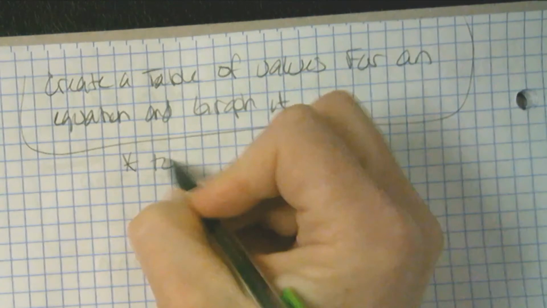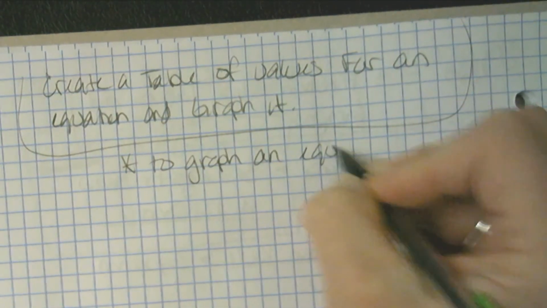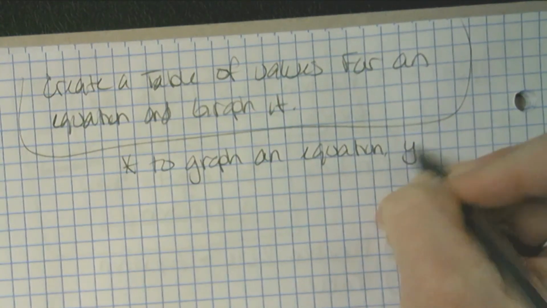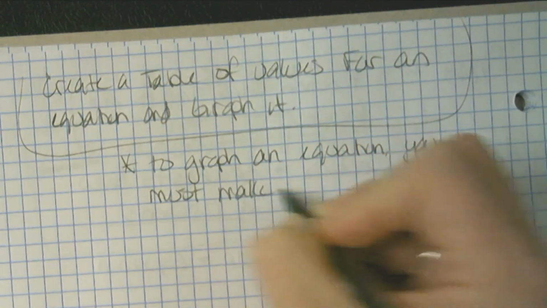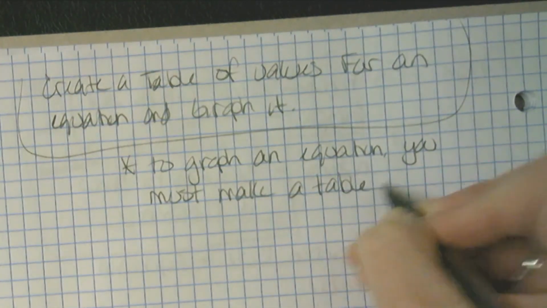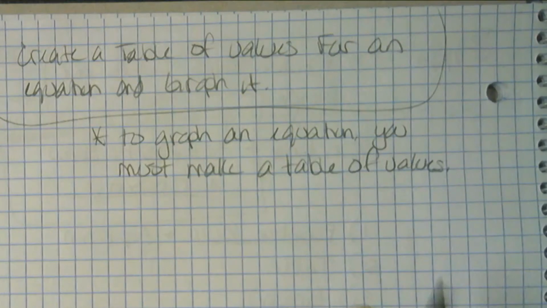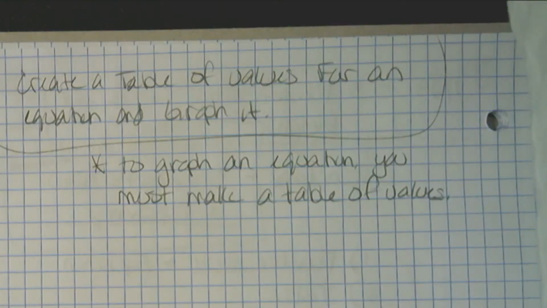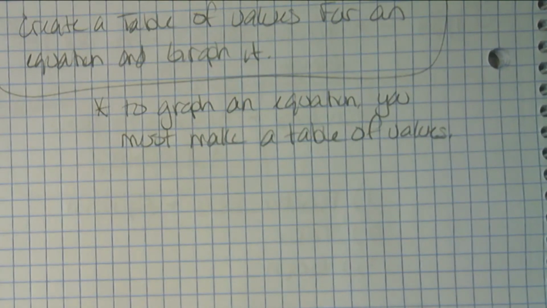All right, so to graph an equation, you must make a table of values. At least for what we're doing now. Once we get into linear equations, we are going to be finding an easier way to make a graph based on the equations that we're given.